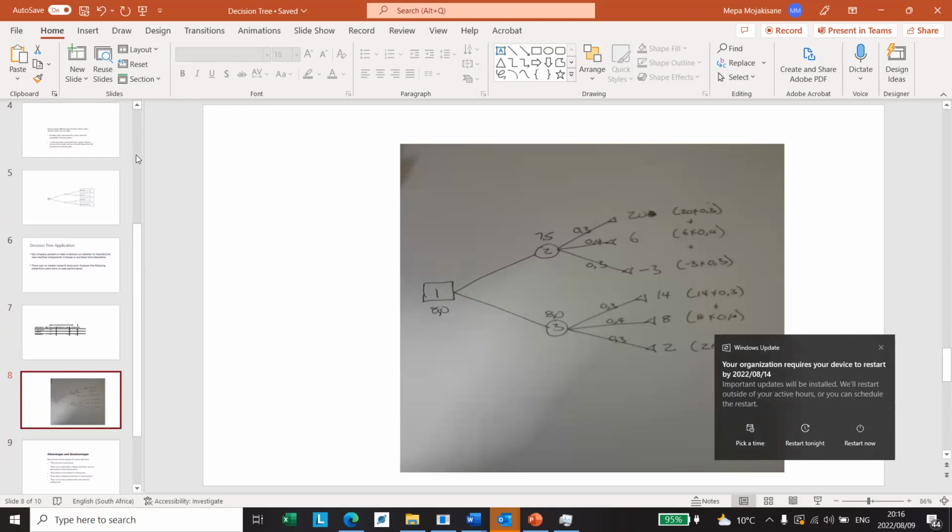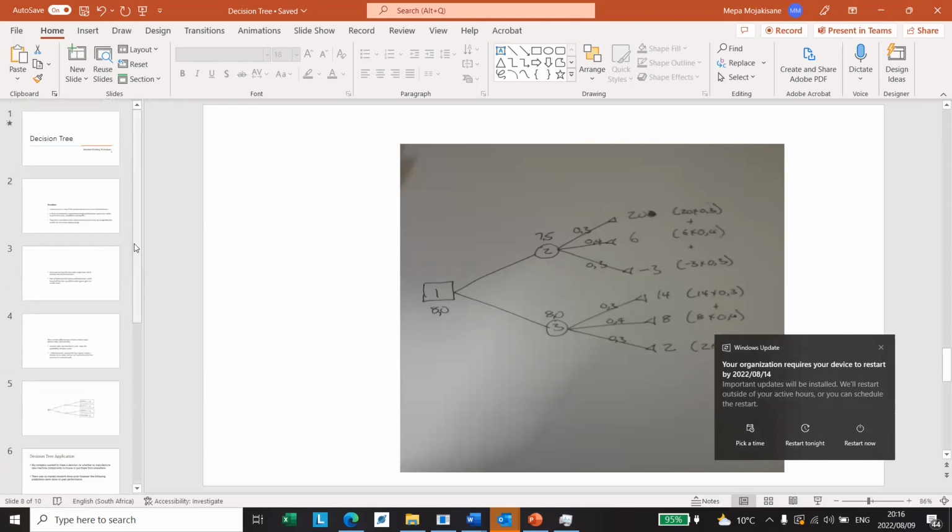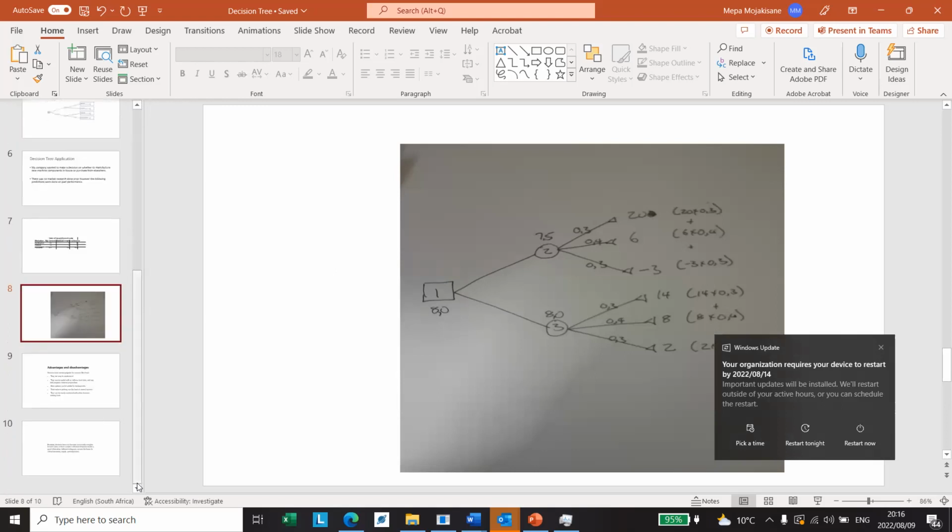And so I think application of this, like I've said before, we can use it anywhere really, if you think about it. In a work situation, in my case, it's on projects, whether the company wants to embark on a new project or not.